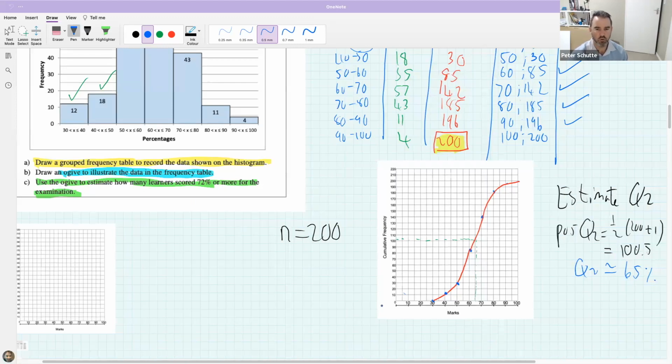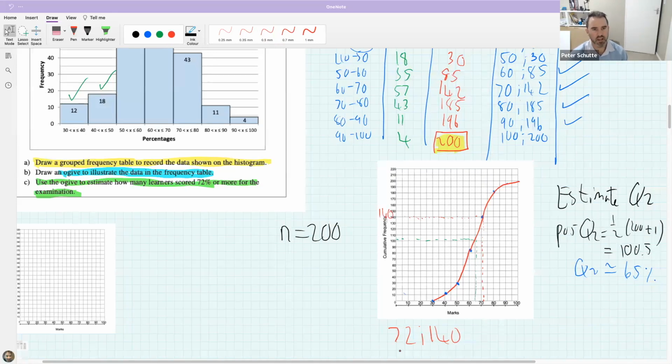I'm going to my marks and I get to 70, so 72 would be about here. What do you think goes with 72 if I go across to the vertical axis? It seems to me like it goes with about 140.